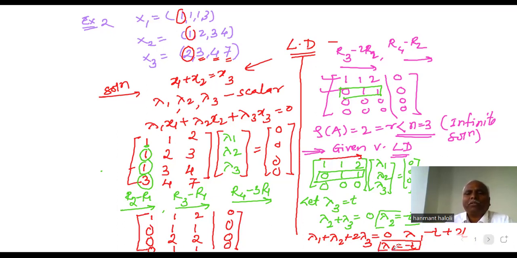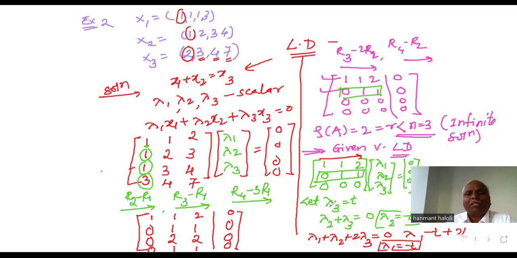We'll shift to the next one. Here, lambda 1 x1 plus lambda 2 x2 plus lambda 3 x3 equal to 0. Now see the values of lambda: lambda 3 is t, lambda 2 is minus t, lambda 1 is also minus t.